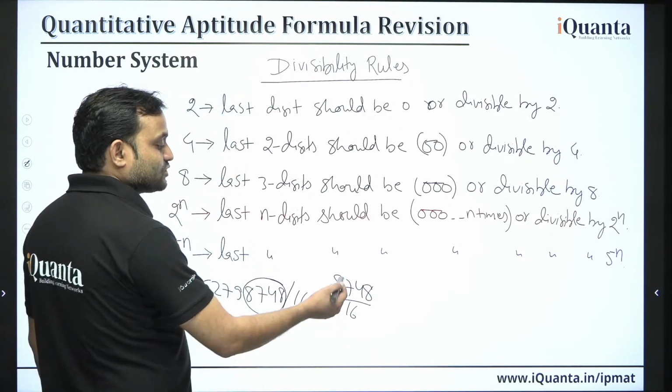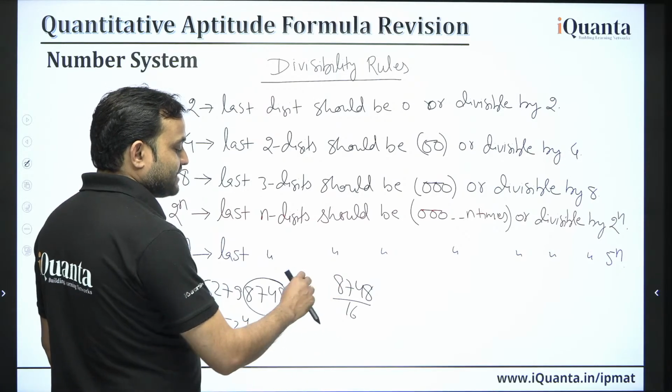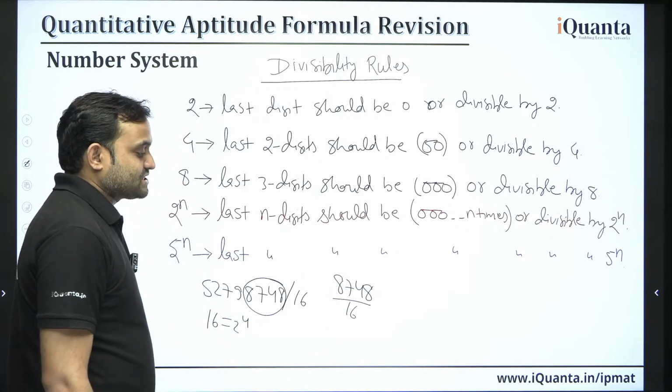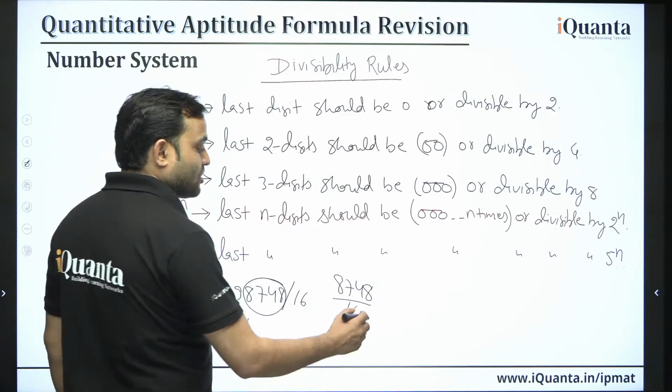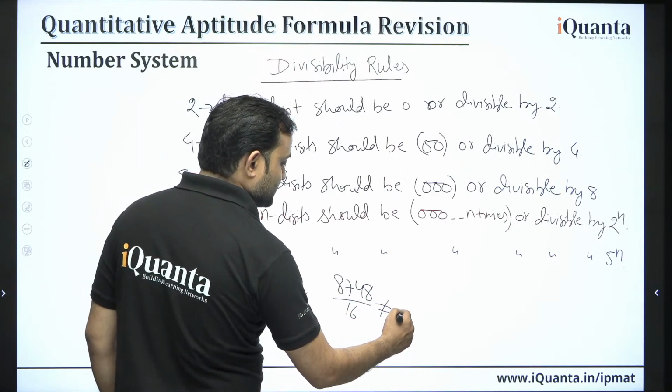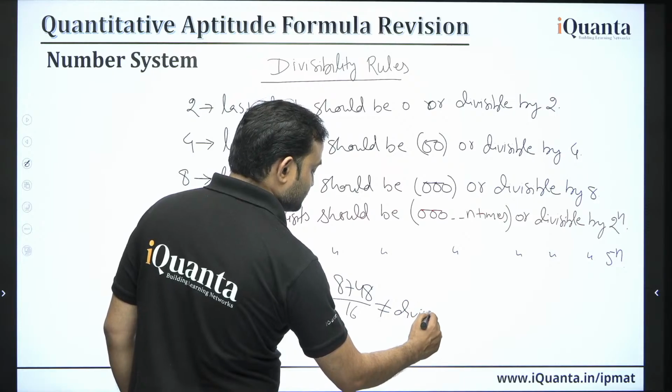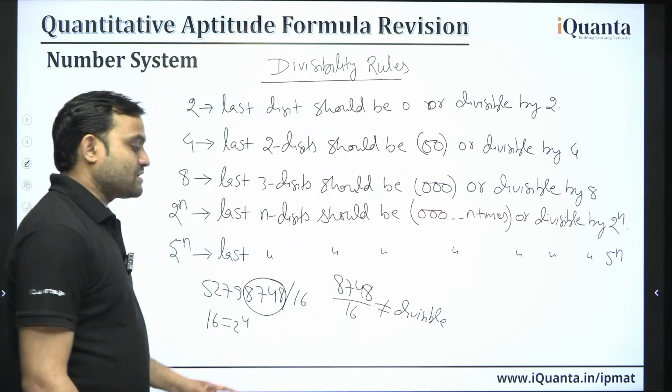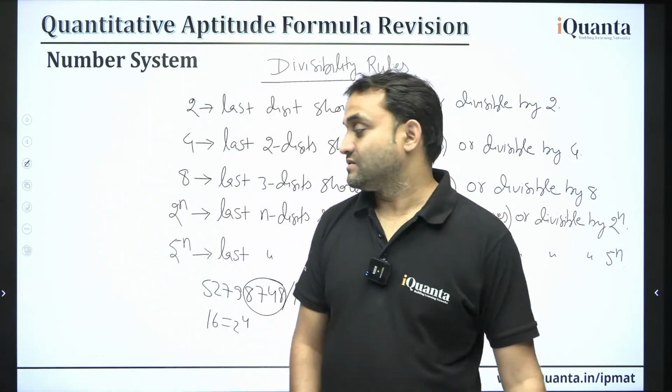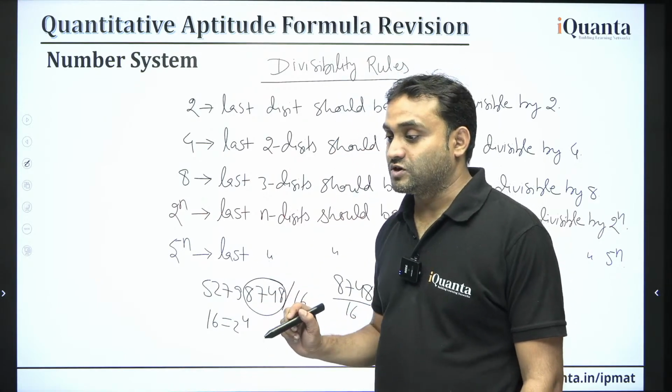So 16 into 5 is 80. 74, 16 into 4 is 64. Then 108. Not divisible, right? So this number is not divisible by 16. We had to check only the last four digits. Okay?